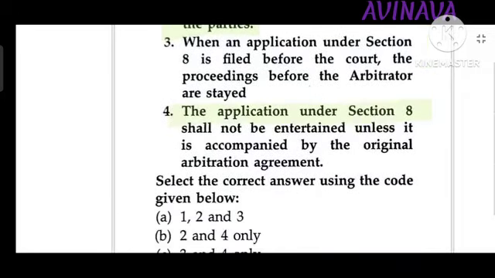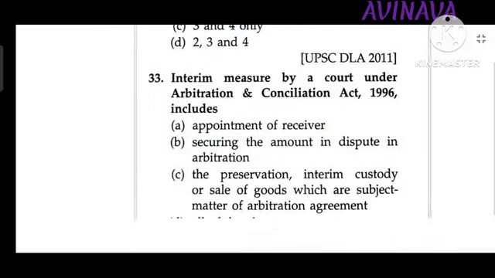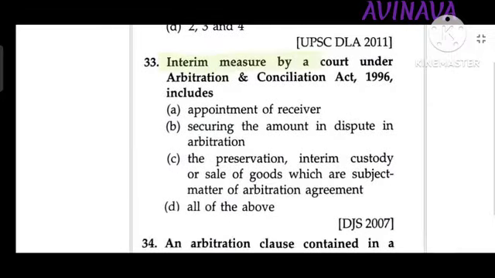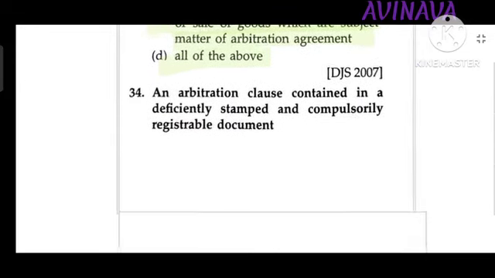The application under Section 8 shall not be entertained unless it is accompanied by the original arbitration agreement. Interim measures by a court under the Arbitration and Conciliation Act 1996 include all of the above: appointment of a receiver, securing the amount in dispute in arbitration, and the preservation, interim custody or sale of goods that are the subject matter of the arbitration agreement.